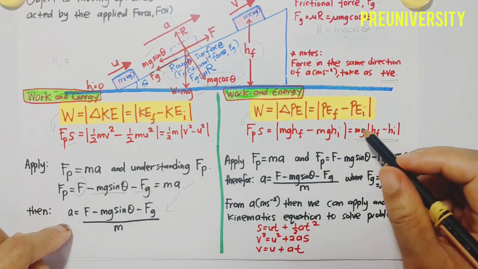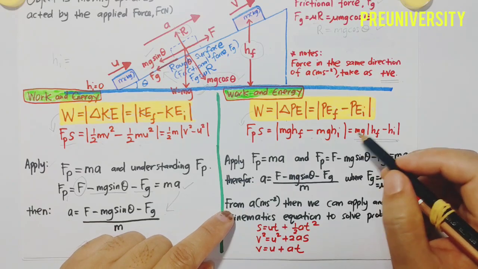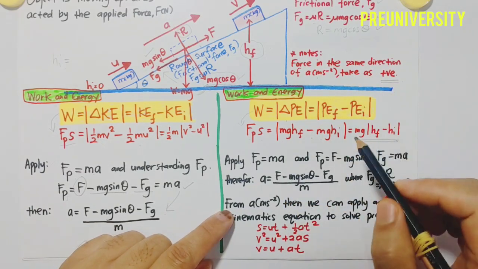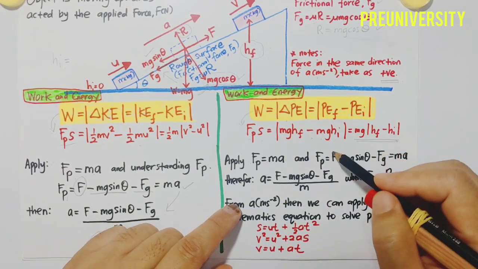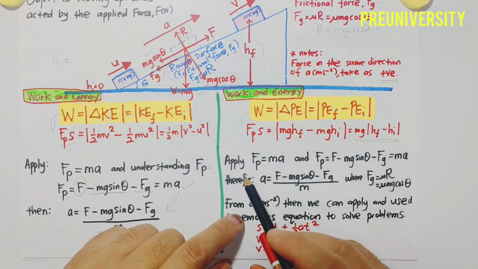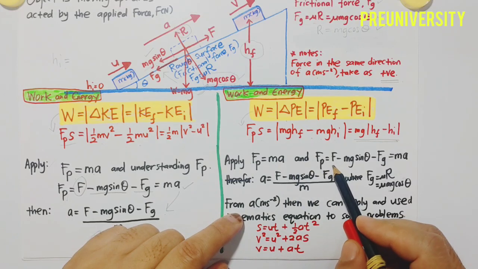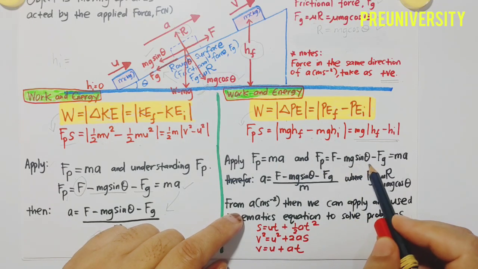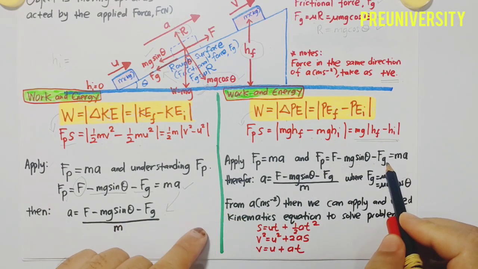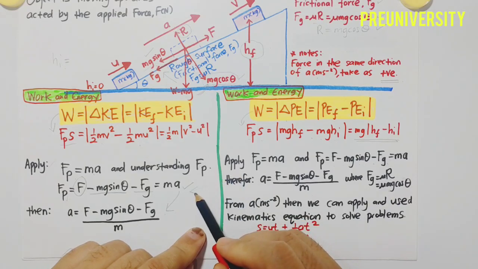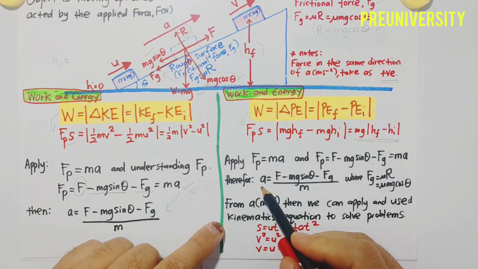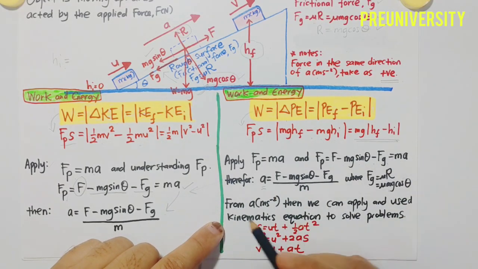Okay, and then we go for the work and energy theorem referring to the gravitational potential energy. We apply the same Fp equals ma, so we have F minus mg sin theta minus Fg equals ma, the same as before, and then we can get a.